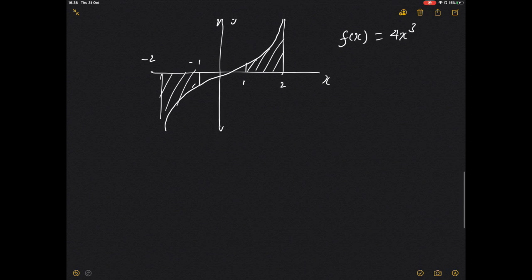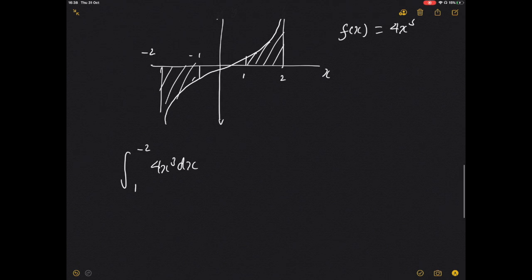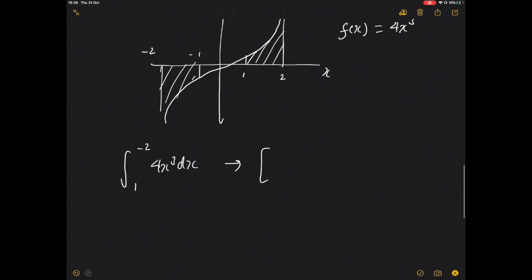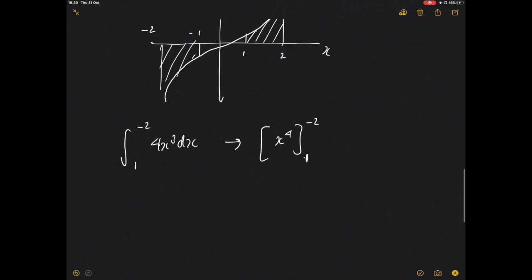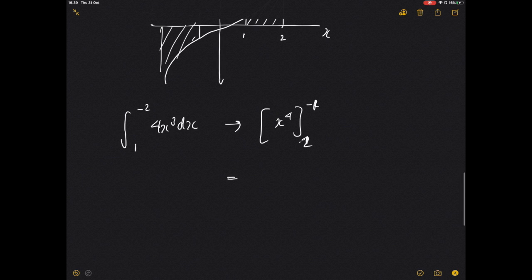I'll show what I mean. If we integrate between our lower limit of minus 2 and 1 of 4x cubed dx, that would be equal to, add 1 to the power and divide by the new power, x to the 4, divided by 4, so 4 over 4, between minus 2 and 1. That would mean we have 1 to the power of 4 minus 2 to the power of 4, which would be 16.